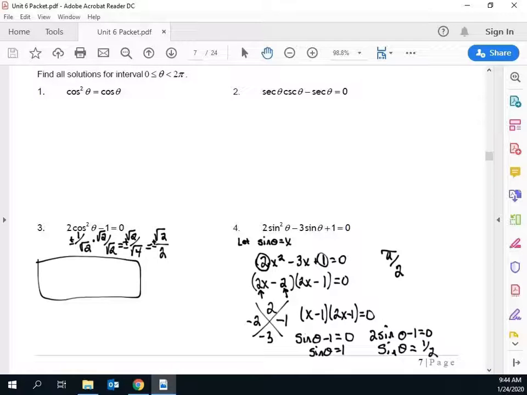Where does sine equal positive 1/2? Good. Except, are they in radians? Are these answers still in radians? Is that right? Okay. So pi over 6 is exactly right. It's got to be positive. So what quadrants are we in? First and second.